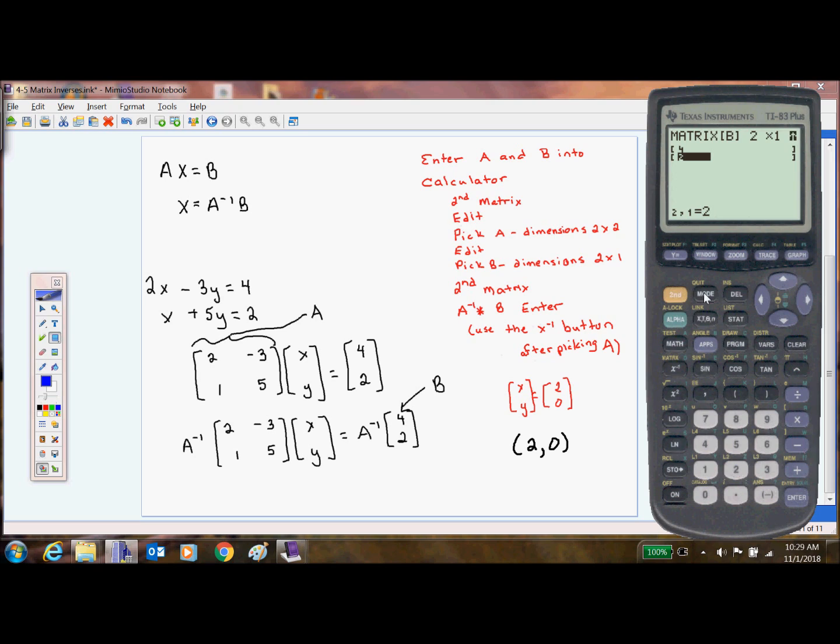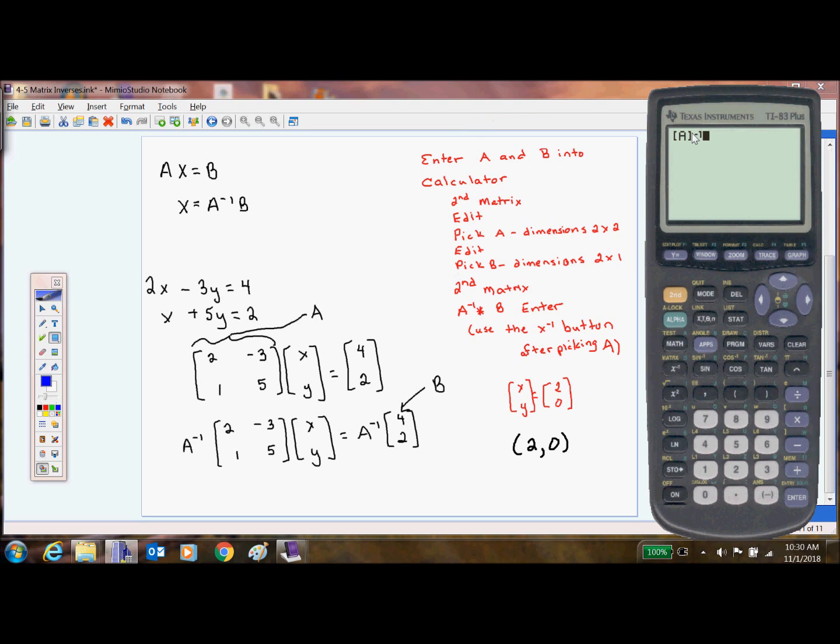Right, now, the math that we actually have to do with this is A inverse times matrix B. So we need to get our matrix, second matrix, and we just want to choose matrix A. In order to get our inverse, use the inverse button that's at the same button that you found for matrix.